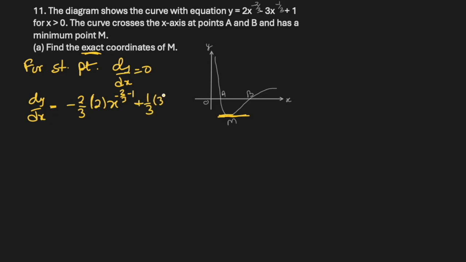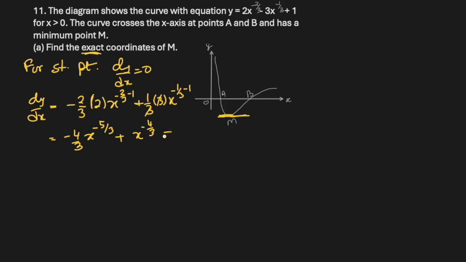Then we have 3x to the power minus 1/3 minus 1. And differentiation of 1 is 0, so we will not write it. So what do we get here? Minus 4 over 3 x to the power minus 5 over 3 plus 3 and 3 cancel, x to the power minus 4 over 3. Minus 4 over 3. Alright, this is the one.